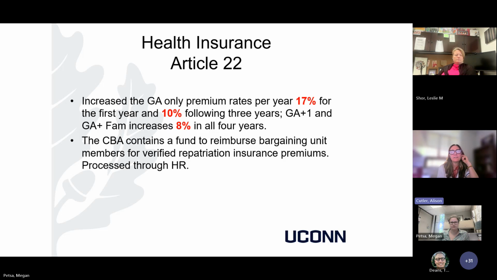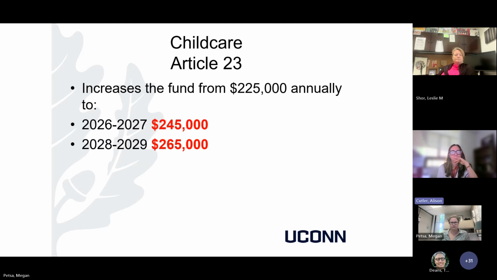Health insurance, there was an increase in their health insurance premium rates for all three categories. We can go to the next one. Oh, one thing you don't need to go back a slide, but one thing I would like to remind departments is that they can have their premium of repatriation insurance paid for by the university.